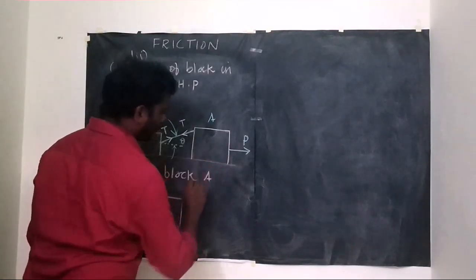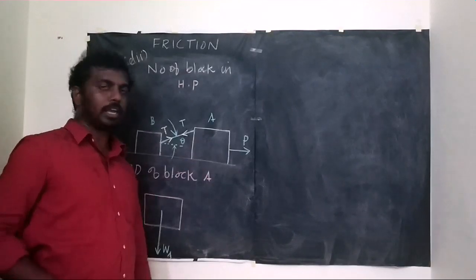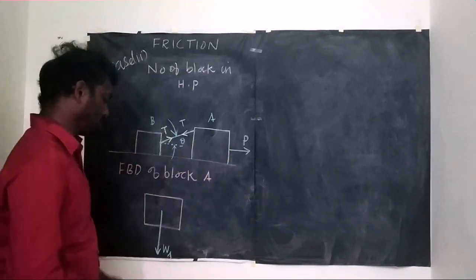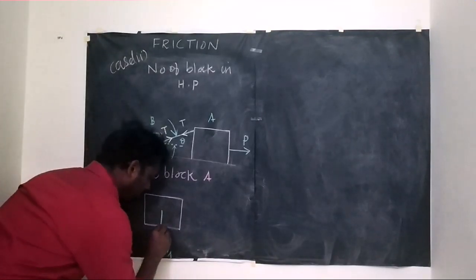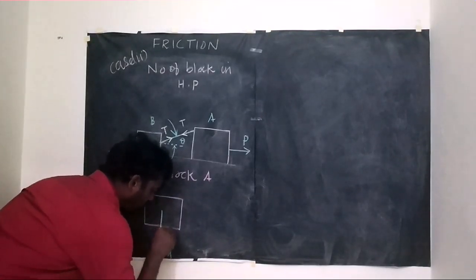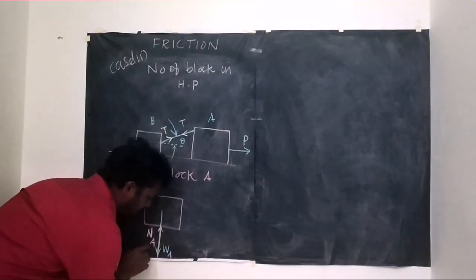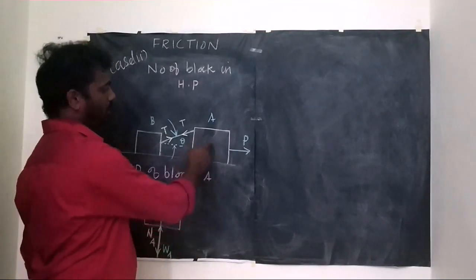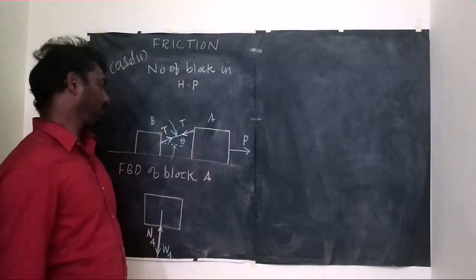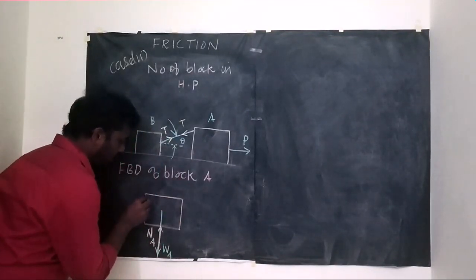Then this horizontal plane exerts some normal reaction force on block A to keep it in equilibrium, denoted by N suffix A. This A represents block A. NA depends upon the self weight of block A. Then here the tension is acting in this direction.